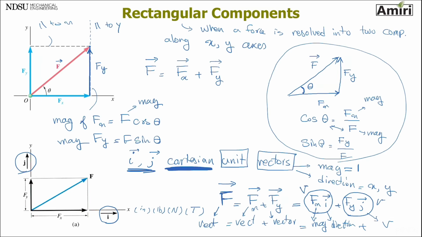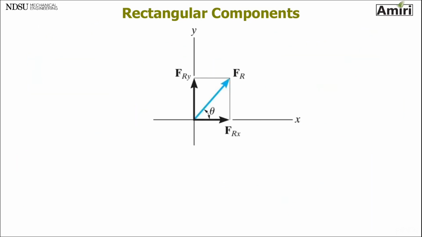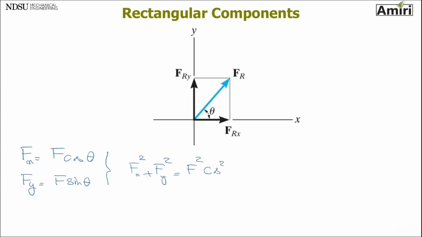So fx equals f cosine theta, fy equals f sine theta. fx squared plus fy squared equals f squared cosine squared theta plus f squared sine squared theta. You all know this is 1. So fx squared plus fy squared equals f squared.